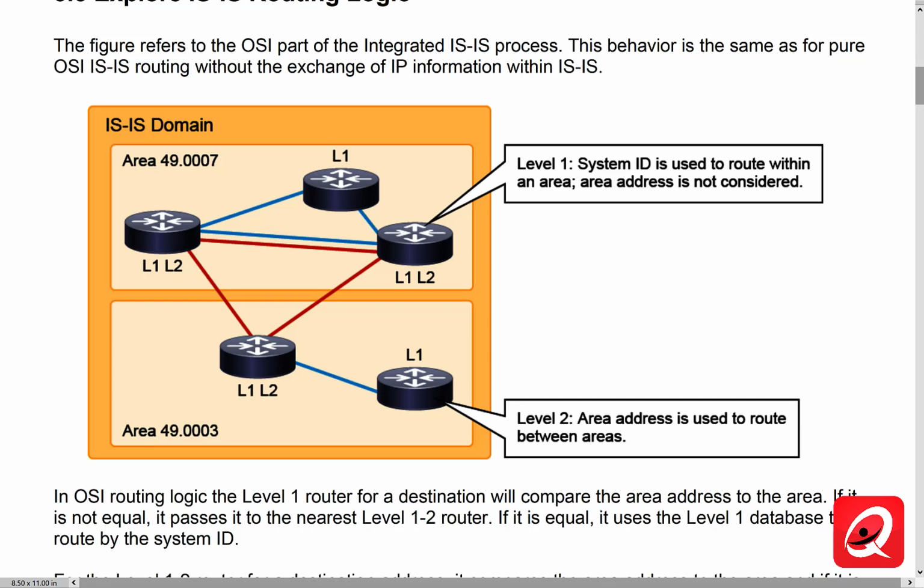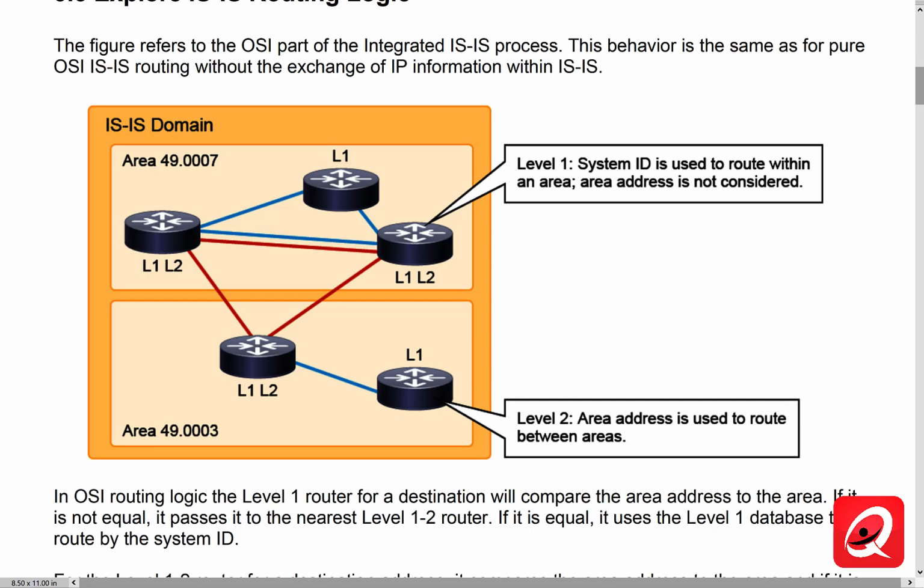All right. We have ESH packets and ISH packets that are used for routers. The end system packets, obviously, we don't really concern ourselves with too much in the context of routing in ISIS, but certainly the ISH packets, the intermediate system packets, are going to be used definitely.